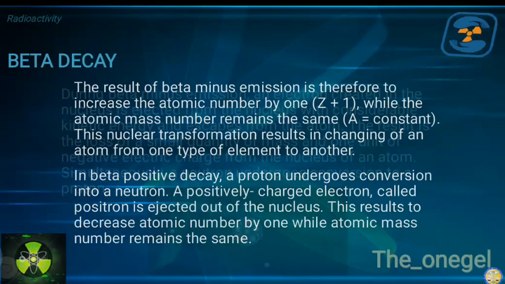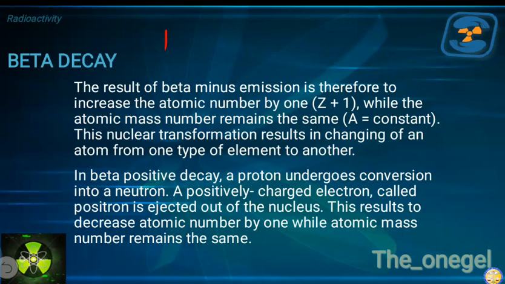So carbon 13, ano ang atomic number ng carbon? Hydrogen, helium, lithium, beryllium, boron, carbon. So that's the 6th element. So 6. Mag-undergo siya ng beta minus. In beta minus emission, atomic number is increased by 1 while atomic mass number is the same.